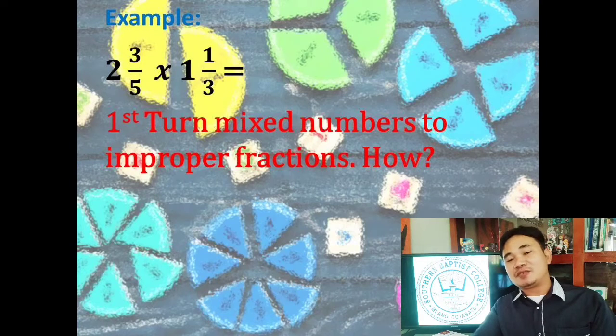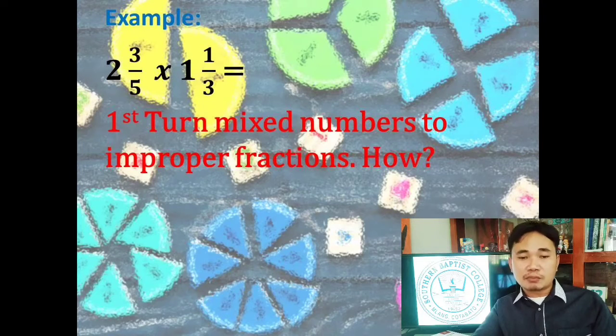2 and 3/5 multiplied by 1 and 1/3. If you're going to multiply this, the first step or the first tip that I told you earlier is to turn mixed numbers to improper fractions. But how?